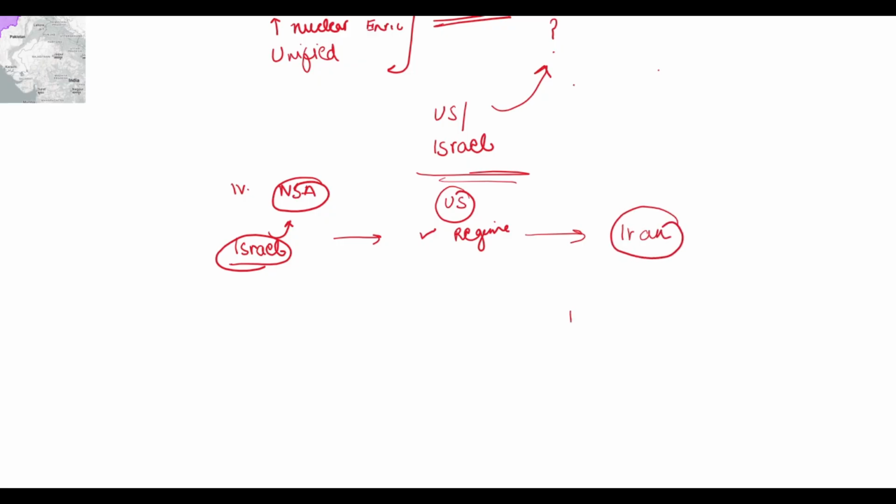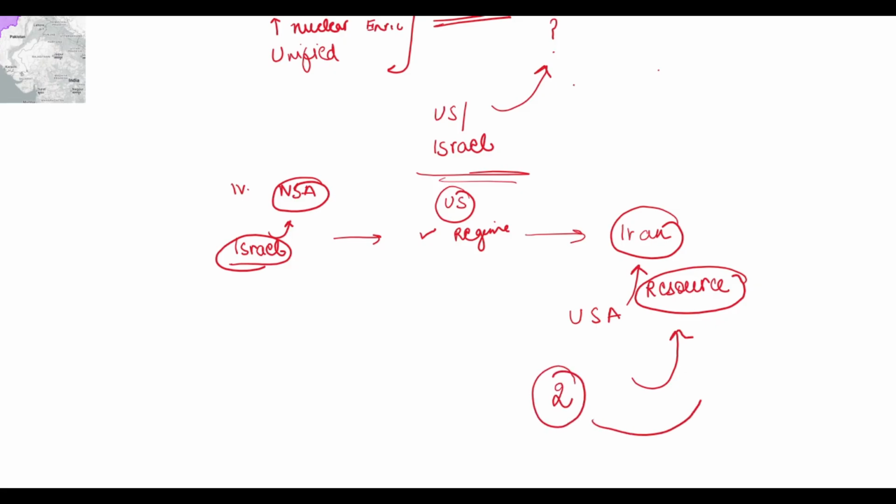Hence, the USA could not control the resources of Iran, and that is why, seeing all the reasons favorable this time, the two powers started a conflict against Iran.